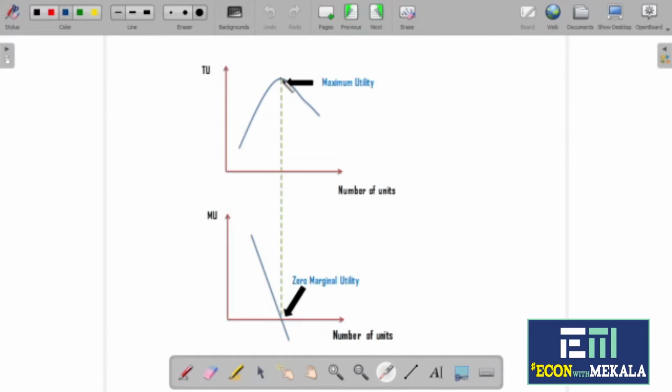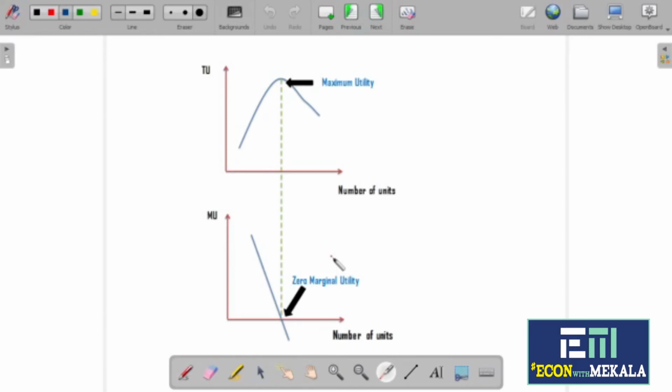So remember, when our maximum utility is achieved, after that your marginal utility is going to be 0. These two graphs show us the relationship between maximum utility and marginal utility. What you can remember is that maximum utility is when your marginal utility is 0.